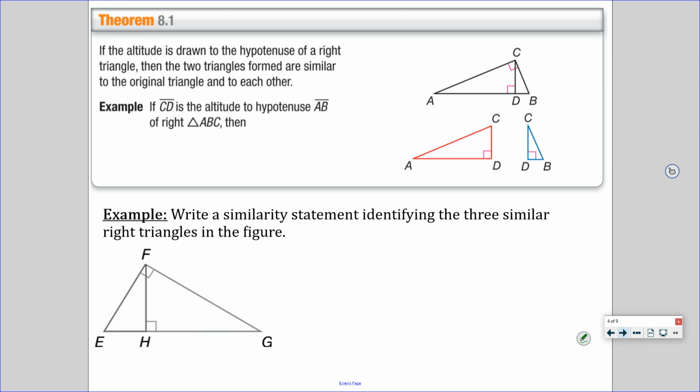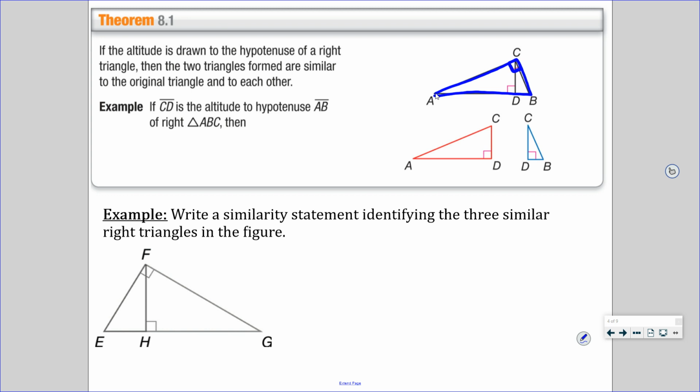Before we get into the geometric mean part, we first have to look at some triangles here, specifically within right triangles. As I mentioned, there's just so many cool things about right triangles. Here's one of them. If I have a big right triangle, so I'll do this in blue here, it's kind of upside down, but you see this triangle ACB, and my right angle's right here.